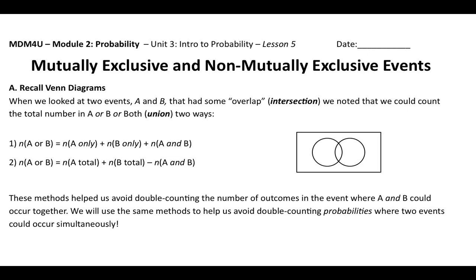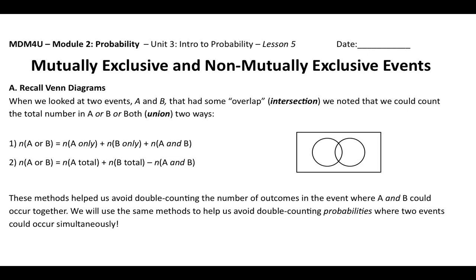When you add those three values together, that would give us the union, or the number that were in A or B. Or if we hadn't populated the Venn diagram, we could just use the principle of inclusion and exclusion and take the number in A overall plus the number in B overall, and then just subtract out the intersection, which we had double counted, right? So either method, whether you populate it and add them singly, or add them and then subtract out the intersection, allows us to find the number of outcomes where event A and B could happen without double counting.